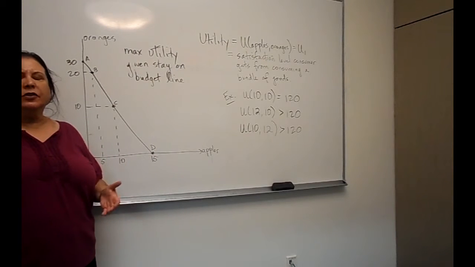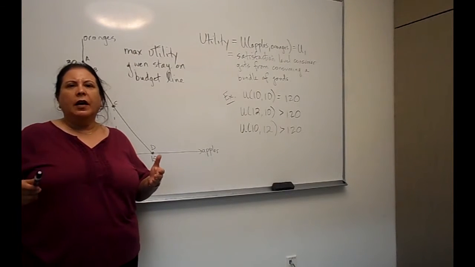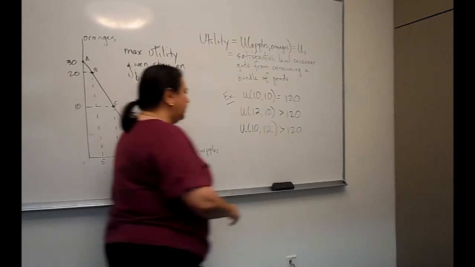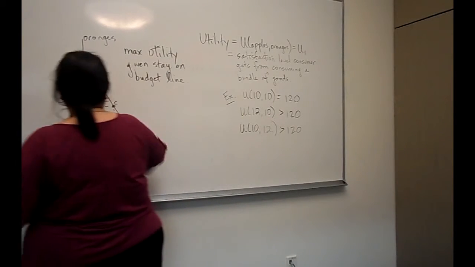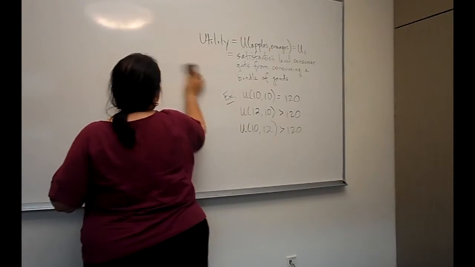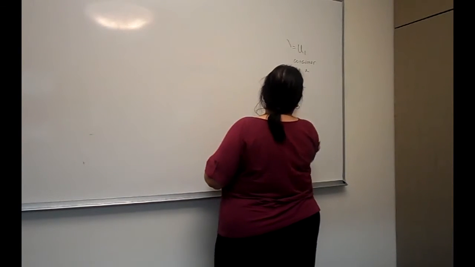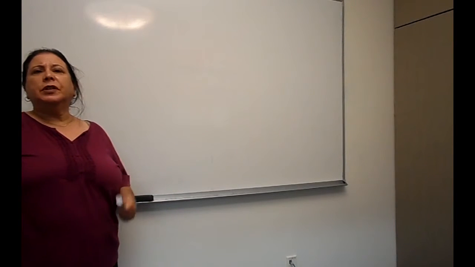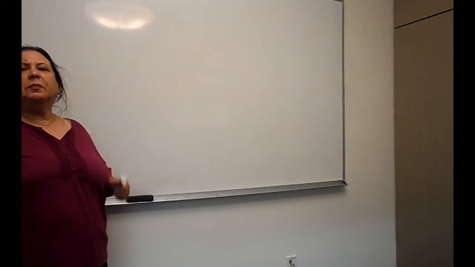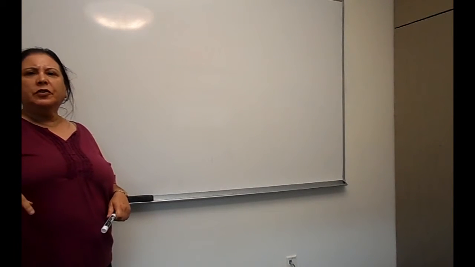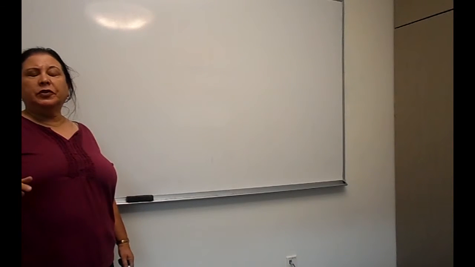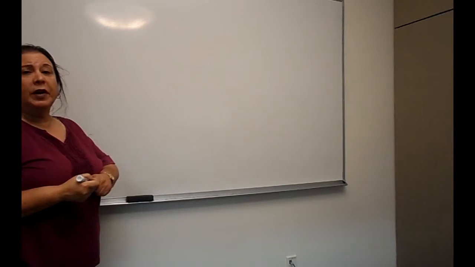Okay? Well, let's look at the particular consumer equilibrium that gives you the maximum utility. Okay, so the consumer is going to maximize his utility when he consumes the bundle for which the marginal utility of good 1 divided by the price of good 1 equals the marginal utility of good 2 divided by the price of good 2. Okay, so I defined what utility is.